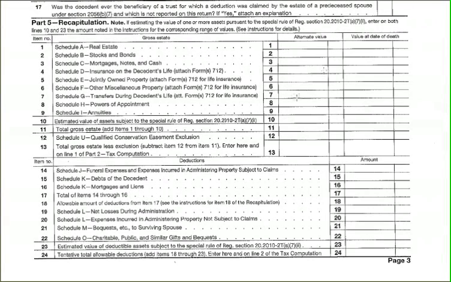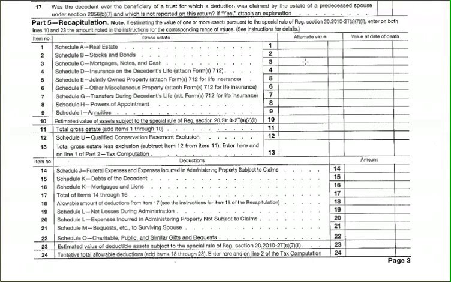To the right, you'll see there are 2 columns: an alternate value column and a value at date of death column. As you might be aware, the alternate value column is used to report values if an alternate valuation date is elected under Section 2032. If you're not making that election, you don't need to worry about that column.